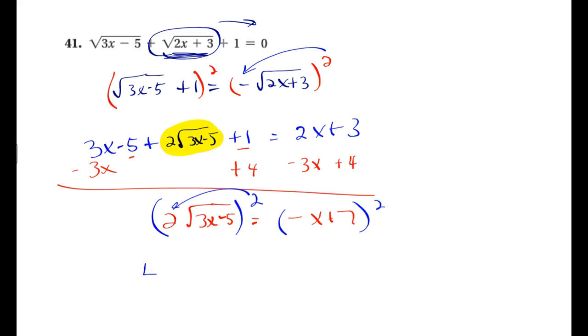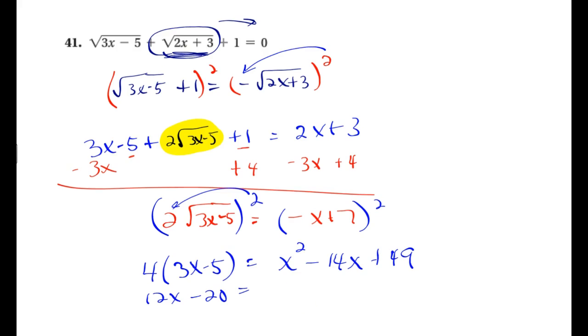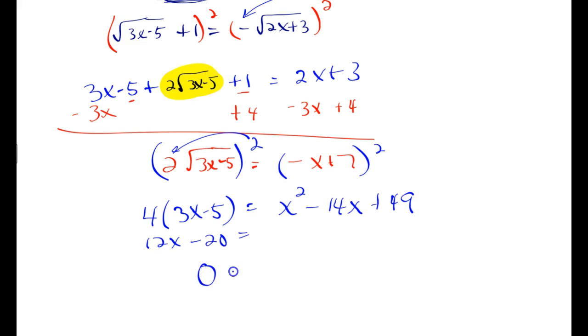This distributes 4 times the quantity 3x minus 5, which is really 12x minus 20, should equal squaring the first. Twice the product is going to be a negative 14x squaring the last. Let's set it equal to 0. I'll leave the x squared alone.